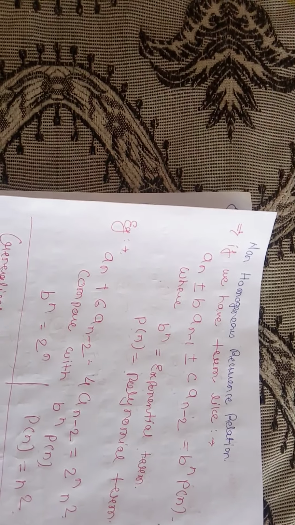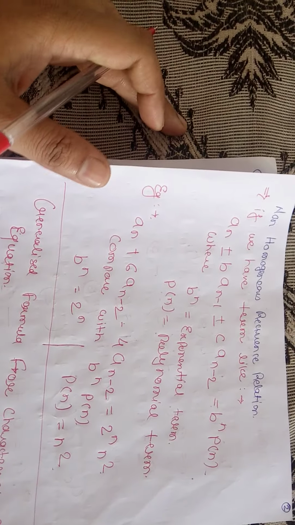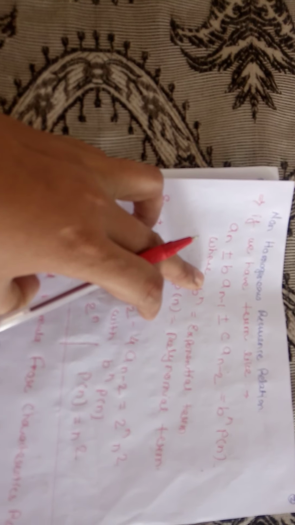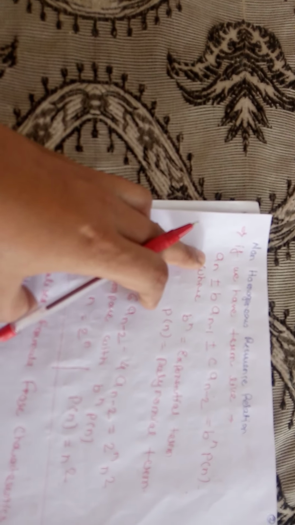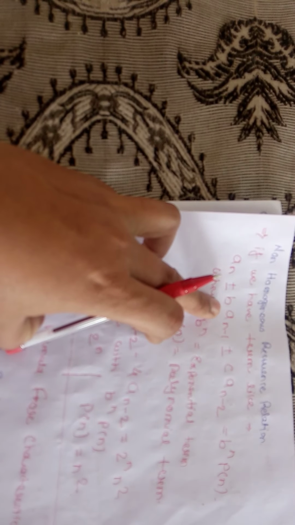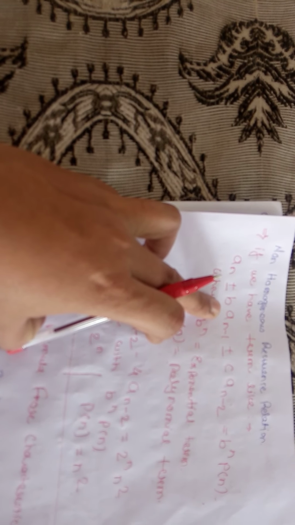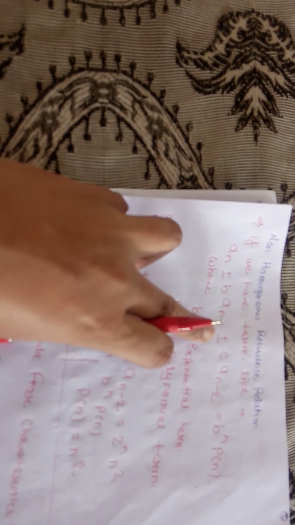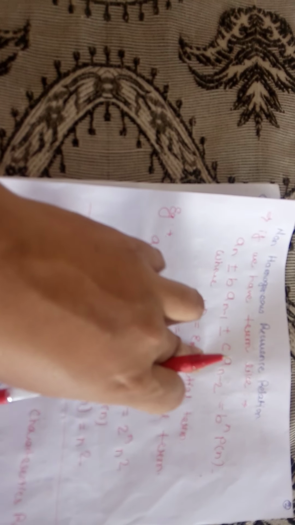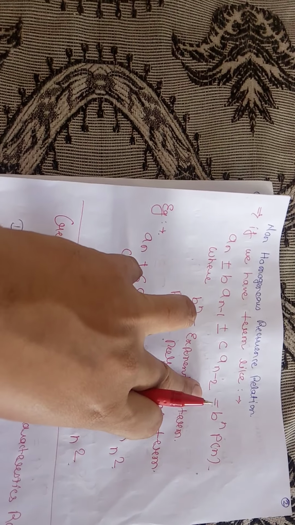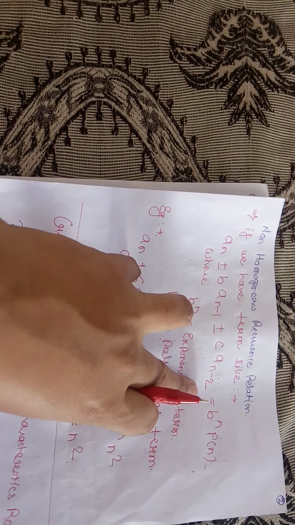Now next, the non-homogeneous equation. What do you mean by non-homogeneous equations? If we have a term like this, again a_n plus or minus b of a_(n-1) plus or minus c of a_(n-2) is equal to b to the power n into p of n.